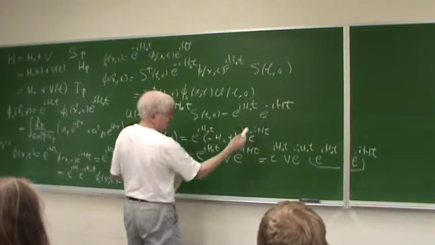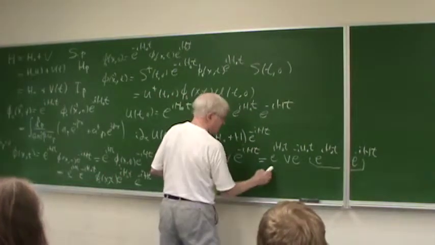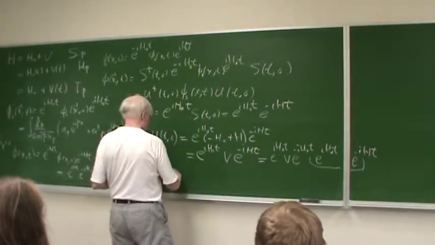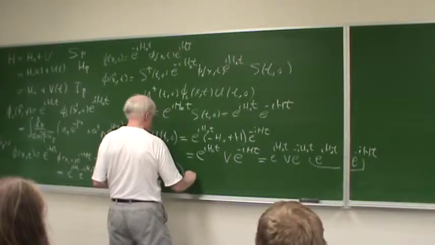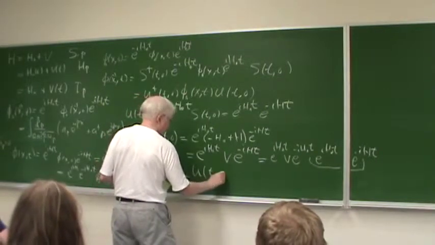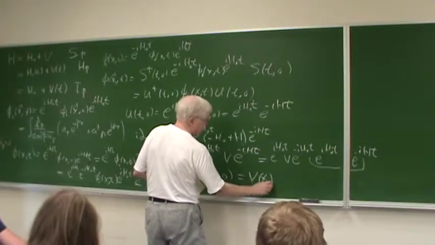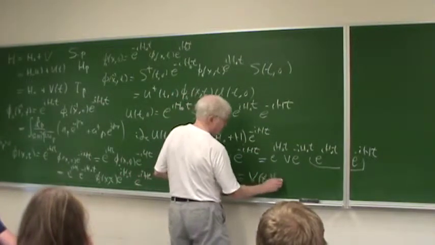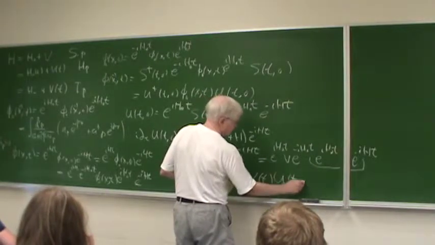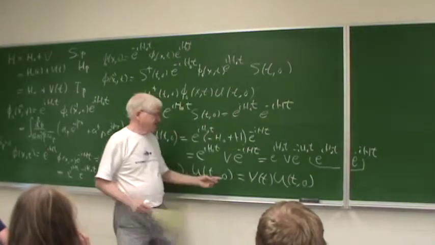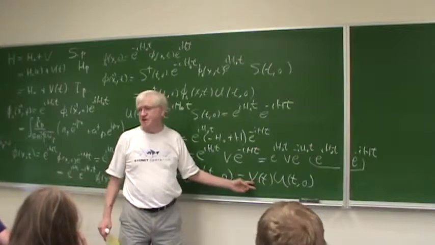It's equal to that. And then we've got this funny thing in front. Well, we rewrite this way. i d by dt u of t, t0 is simply v of t u of t, t0. So what is this v? This is the v in the interaction picture.